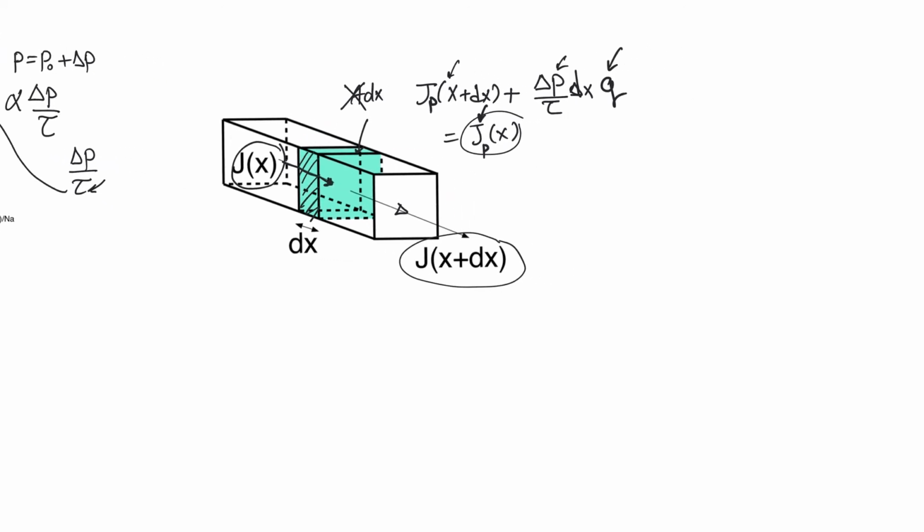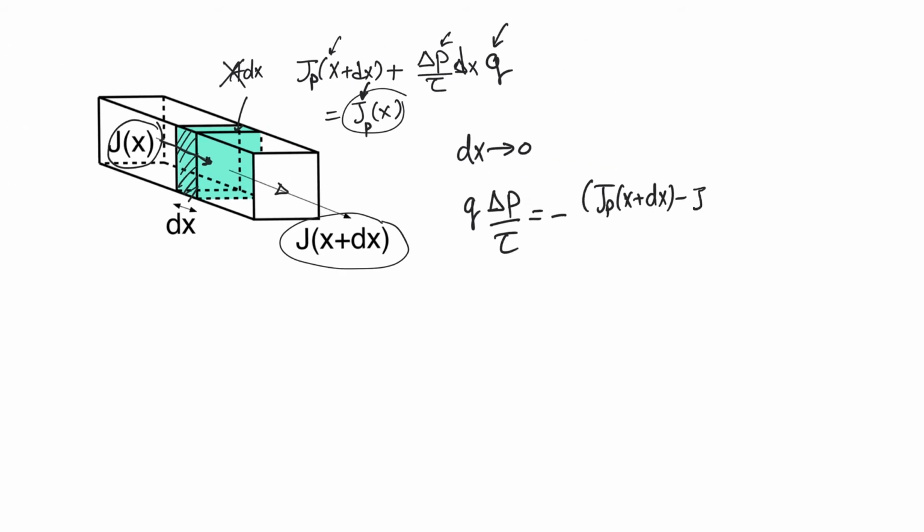Now if we take the limit as dx tends to 0, we turn this difference equation into a differential equation, and so we end up with q delta p by tau is equal to minus jp of x plus dx minus jp of x, divided by dx.